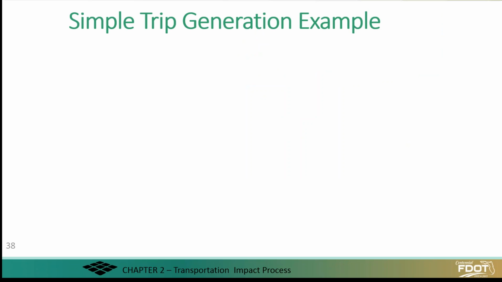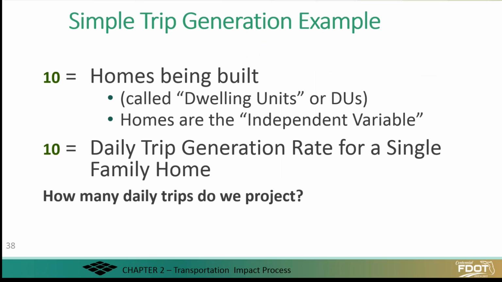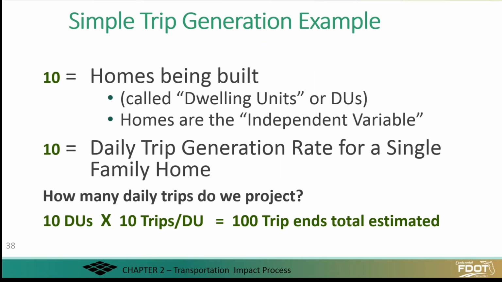Very good. I think we have very good, well-experienced groups online with us. So we have 10 dwelling units times 10 trips. Like Gary said, these are already trip ends, so we don't have to double the trips.